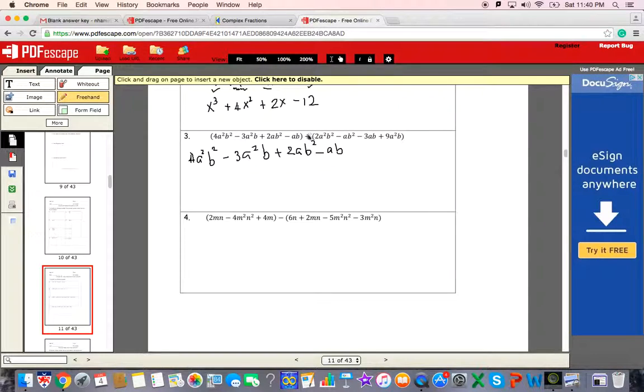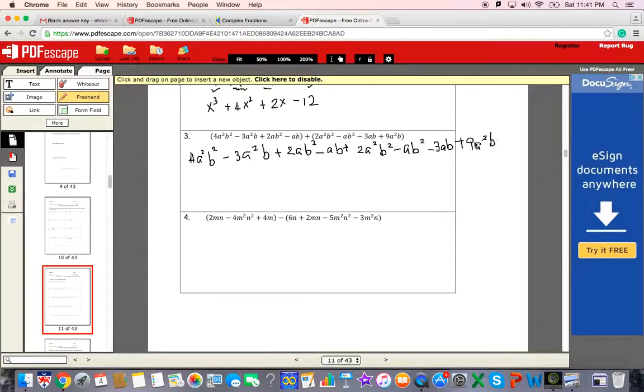Now this is a plus sign, which means nothing here will change when I drop the parentheses. It will all stay the same. So that's plus 2a squared b squared minus ab squared minus 3ab plus 9a squared b.